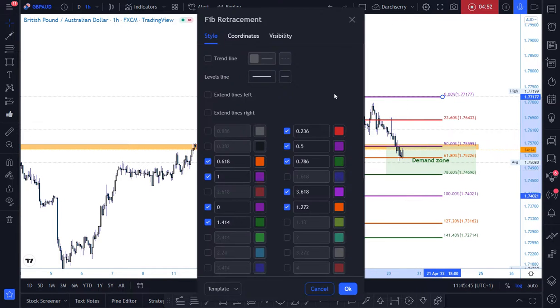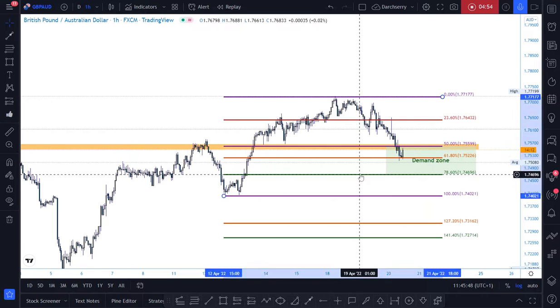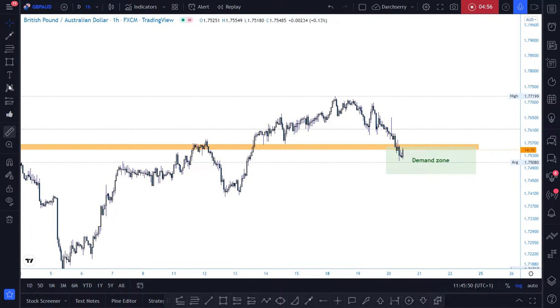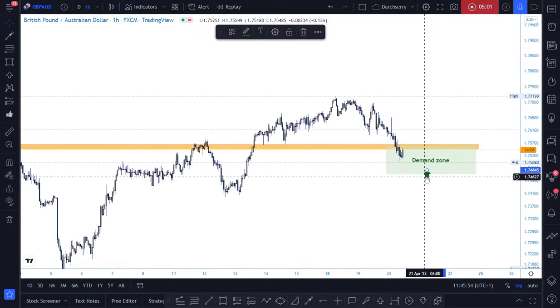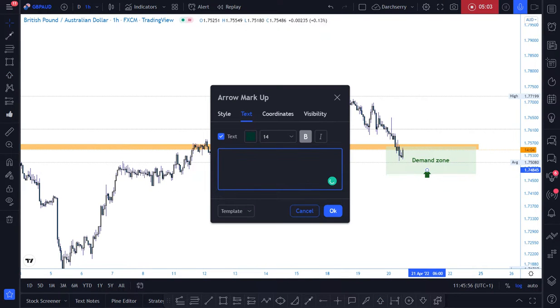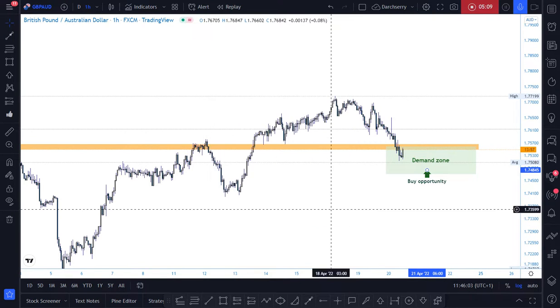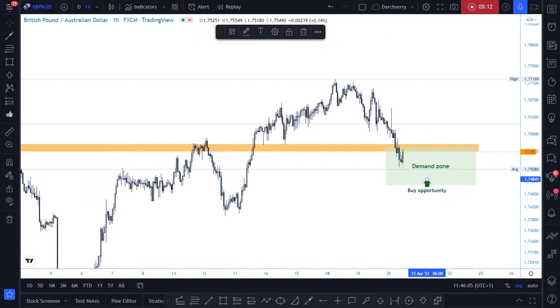The first opportunity we can be looking for is a reversal structure within this zone to take advantage of a bullish momentum.